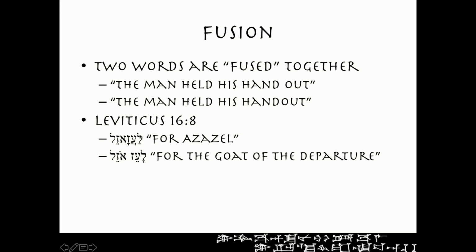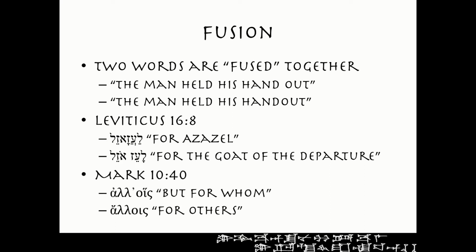It looks like what has happened is that these two words got fused together erroneously. In Mark 10:40, instead of having all' hois, but for whom, from alla and hois, you have allois, which is for others. And so these two separate words are being fused together into an erroneous form.